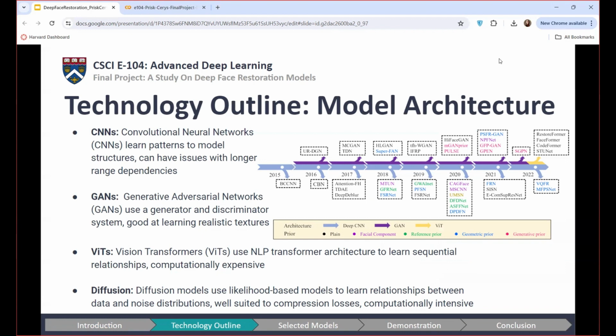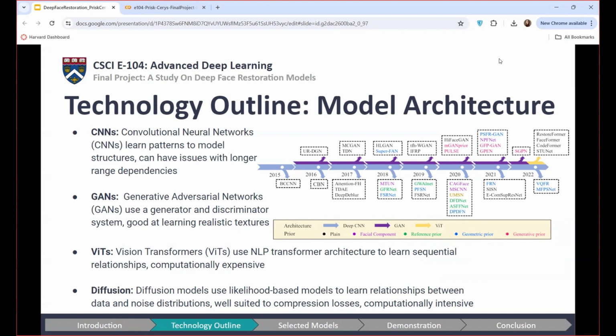Vision transformers, or ViTs, are a new addition to deep face restoration. They make use of the transformer architecture, which is widely used in natural language processing, to learn sequential and contextual relations between words. In NLP, they use attention mechanisms to ensure context isn't lost across longer sentences, by learning which words are more important and therefore require a higher weighting.